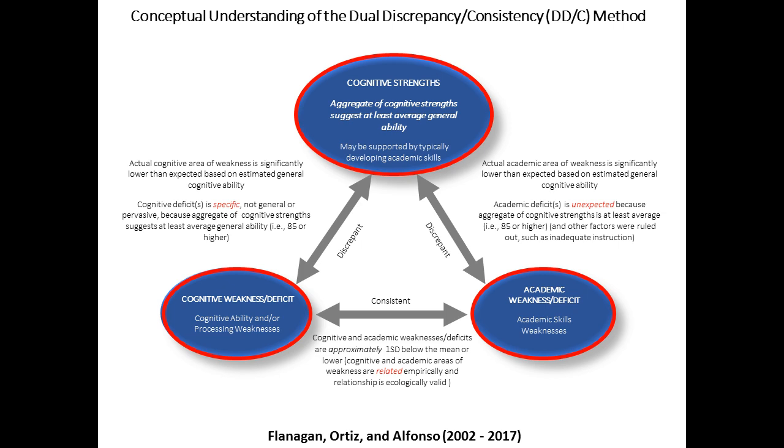So there are a lot of different ways to operationalize PSW, and I would encourage you to look at different PSW models to see how they are operationalized so that you can have a good understanding of the nuances and the differences between them, and which one seems to make the most sense within the context of SLD identification.